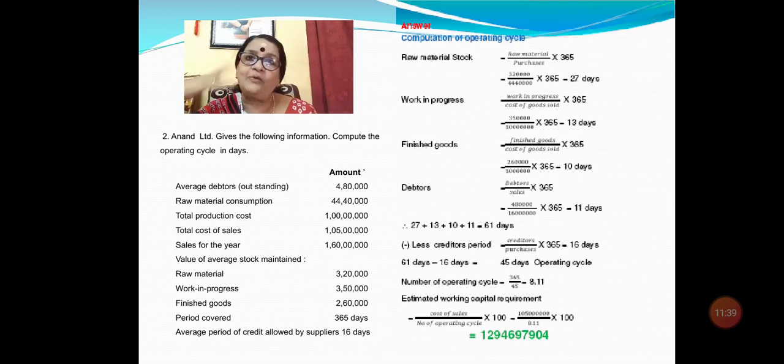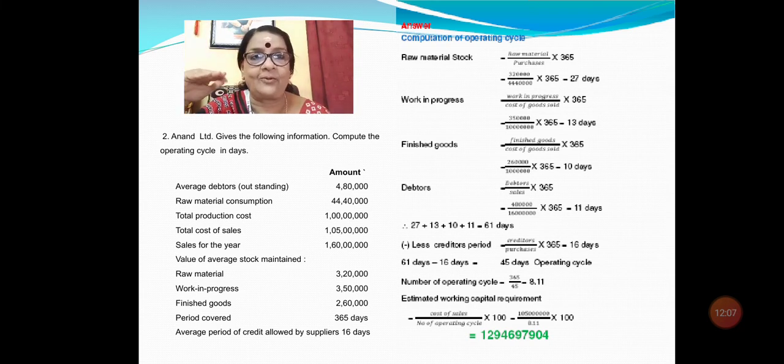From this we can also find out the estimated working capital requirements. The formula is cost of sales divided by number of operating cycles. Cost of sales is 1 crore 5 lakh. 1 crore 5 lakh divided by 365 divided by 45. That is coming as the estimated working capital requirement.